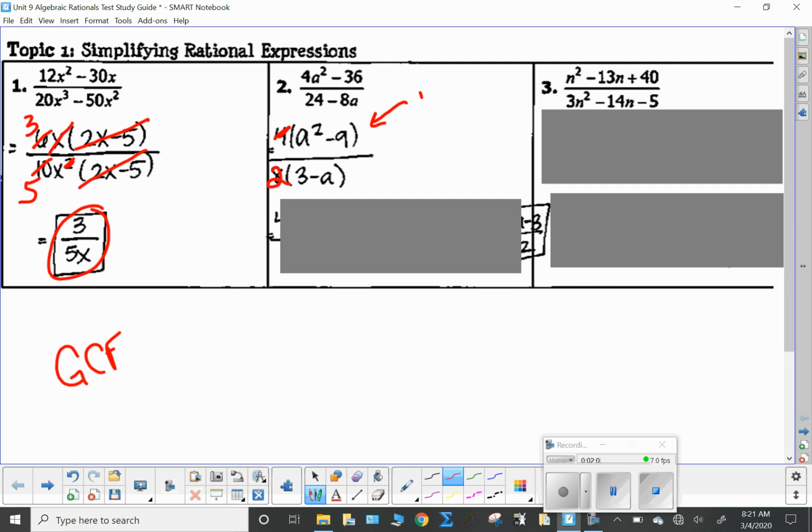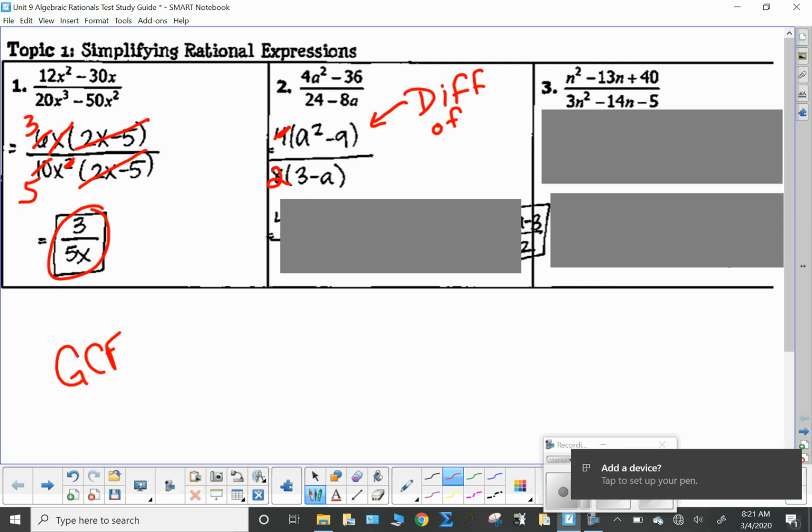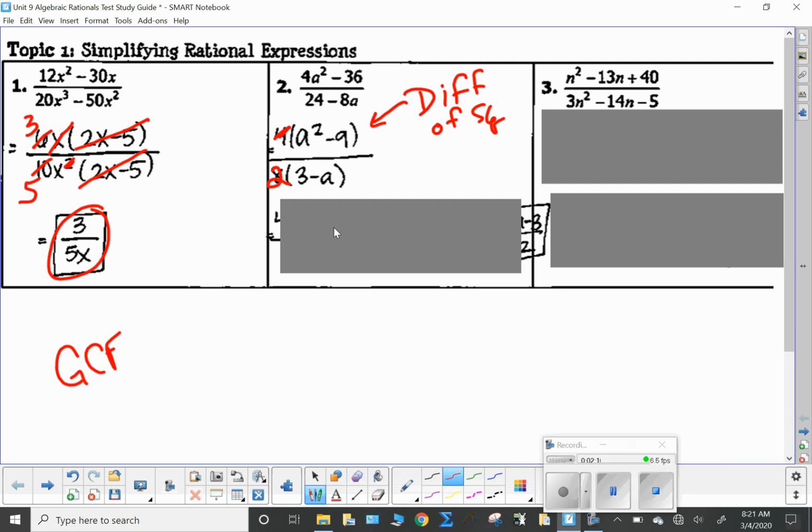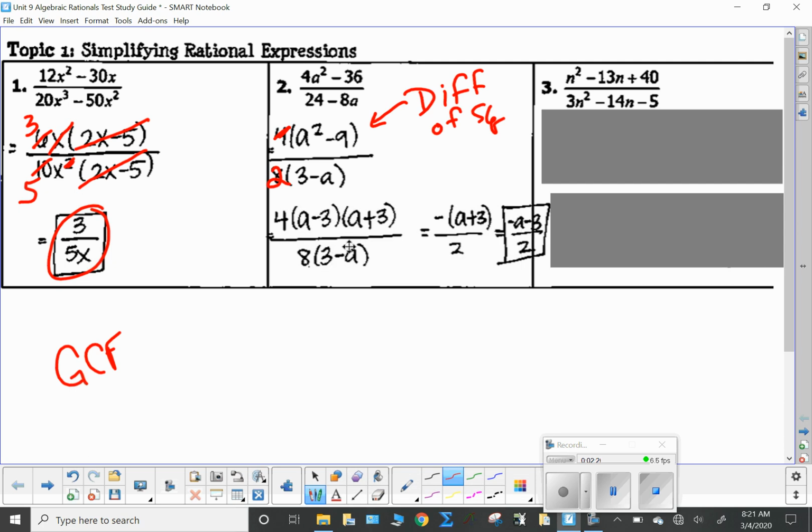This is a difference of squares. So I simply factor, and now I find that the a minus 3 and the 3 minus a is so close. So what do I do?